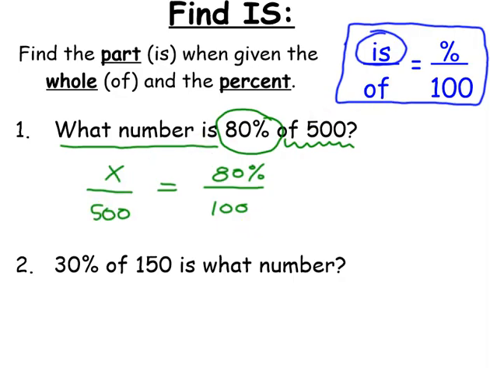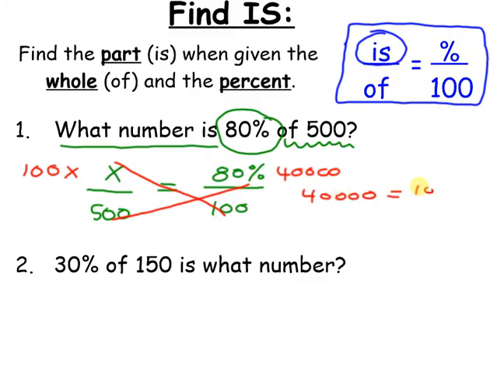Now you're going to go ahead and cross multiply. So we have 100 times x is 100x, and then you have 500 times 80, which is going to be 40,000. Set them equal to each other. 40,000 equals 100x.